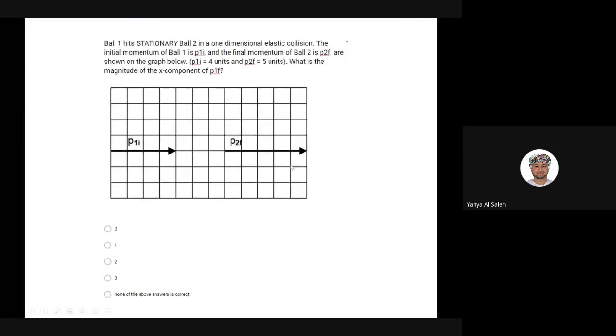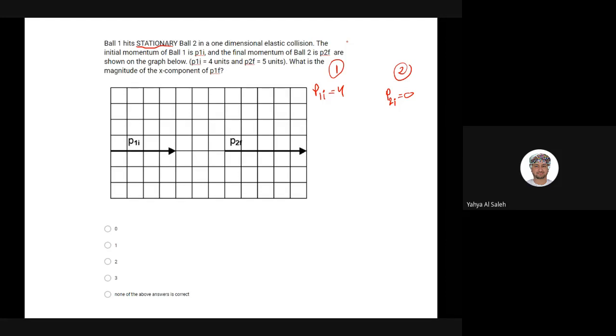We want to find P1Fx. So let's start. Ball 1 hits a stationary ball 2. So we know we have a P1I. So we have 1 and we have 2. P2I is equal to 0 since velocity is 0, stationary. The initial momentum of ball 1 is P1I, which is equal to 4.